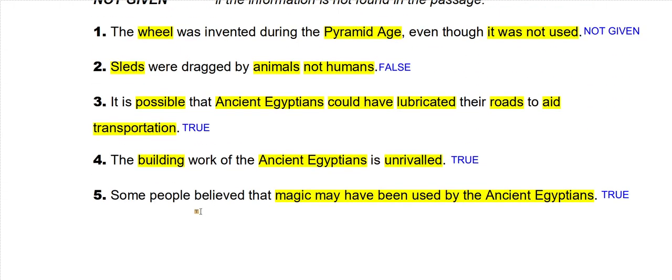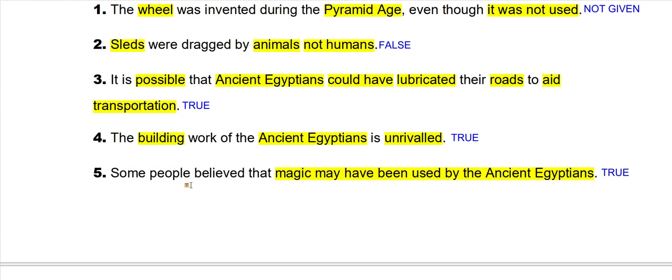One more thing, what most students will do is they will see 1, 2, 3 true in a row, and they will think this cannot be accurate, I must have made some mistake, and they will change one answer to false or not given.